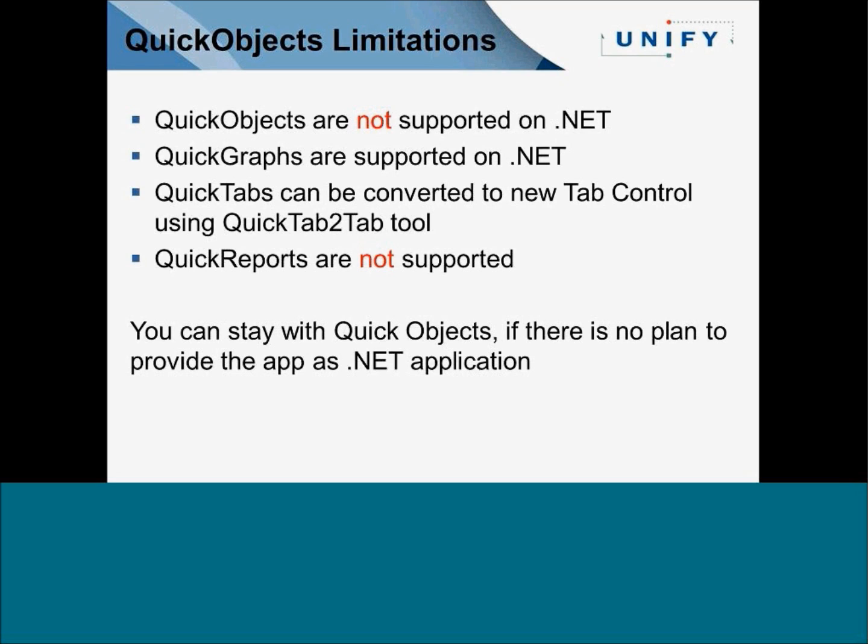So at this point, you can compile your application to Win32, and you can ship your application to your customer. But if you plan to release later on a .NET version of your sources, then you have to replace the quick objects and some other objects inside the Team Developer environment with the native development environment of these controls.